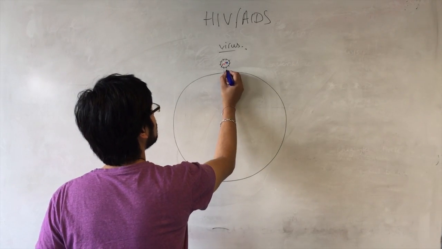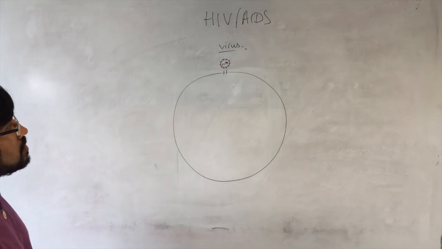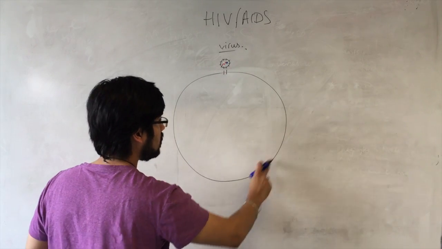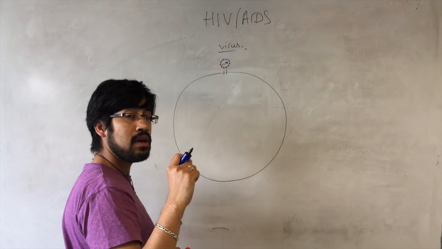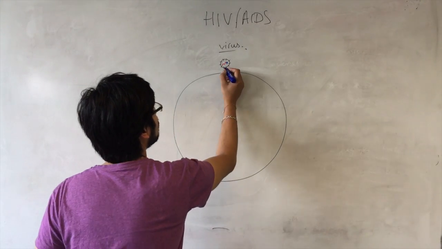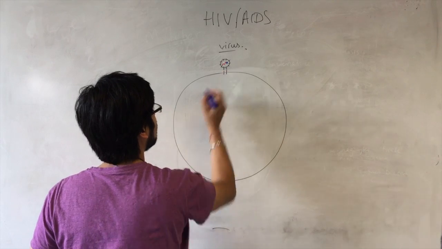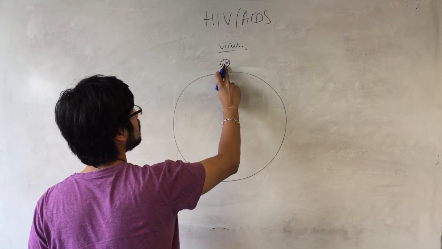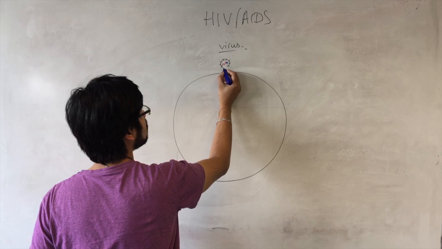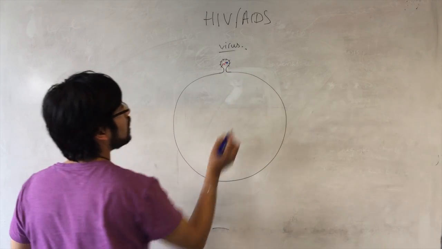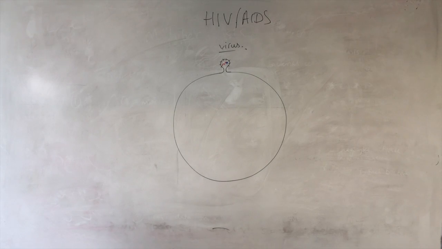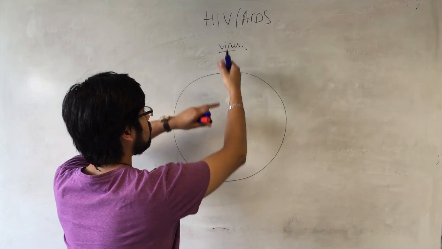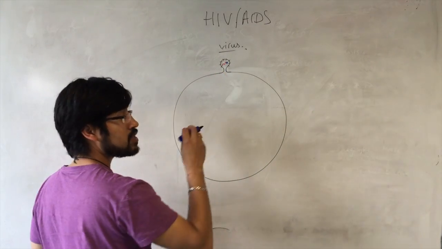And what happens is that through very specific interactions between the proteins on the outside of the virus and the proteins that happen to be on the outside of specifically helper T cells, there's a specific interaction there, and this interaction helps fusion of the membrane between the helper T cell and the virus itself. Remember, the virus had its own lipid bilayer, and they fuse.